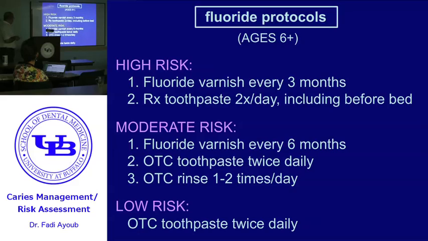For moderate risk, fluoride varnish every 6 months, over-the-counter fluoridated toothpaste, and maybe an OTC rinse 1 to 2 times a day, and low risk, just toothpaste twice a day. Now the question here, if a lot of our patients are high risk, how are we going to manage this? That's where the problem is.